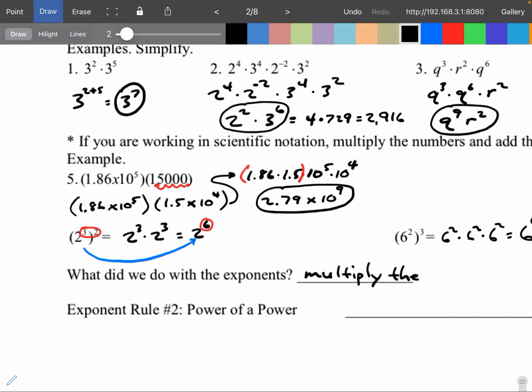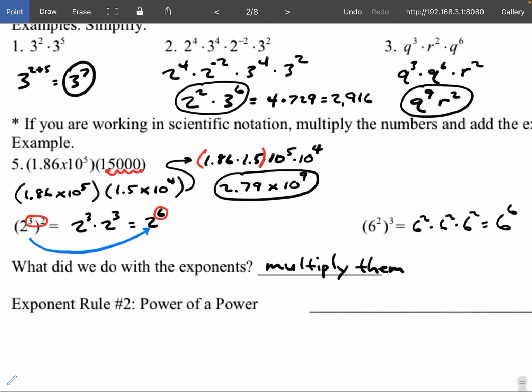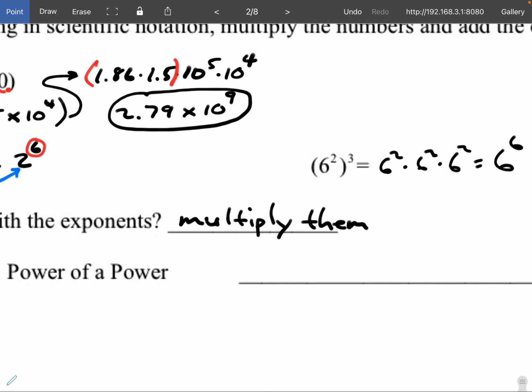Your book calls this exponent rule number 2, power of a power. So what you have on these, like right here, is a power raised to a power. All right, so the rule on that would look something like this.